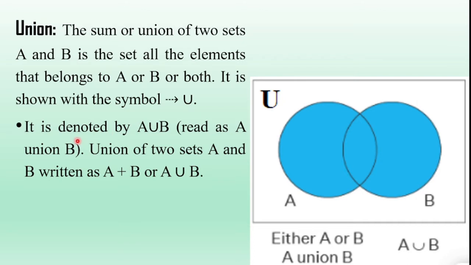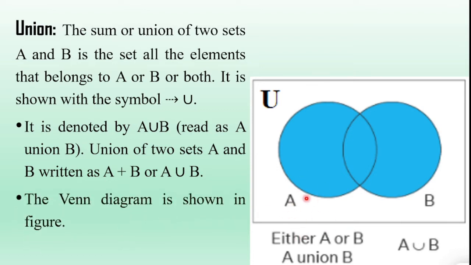Union of two sets is denoted by A union B. This is read as A union B. Union of two sets, capital A and capital B, is written as A union B. And this is the Venn diagram of the union of the two sets, this is the set A and this is the set B. So A union B is the set of all the elements belonging to both the sets.